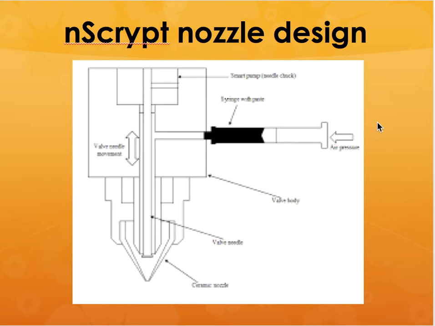nScrypt has a nozzle design like this because of what they have done. In the traditional nozzles, the standard nozzle has a hole that is straight through, so the smaller the nozzle, the higher the pressure you need in order to deliver the material or deliver the ink. But what they have done is they have created a nozzle that is of a different kind.